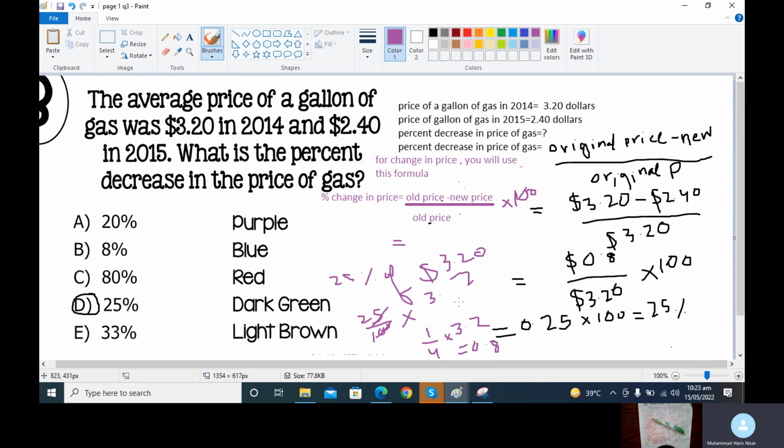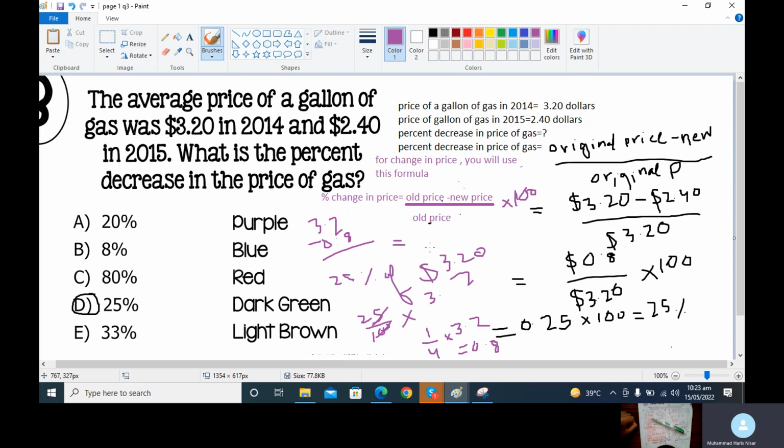So it means that 0.8 is the value by which the price is decreased. If you decrease 0.8 from 3.2, you will have this value.